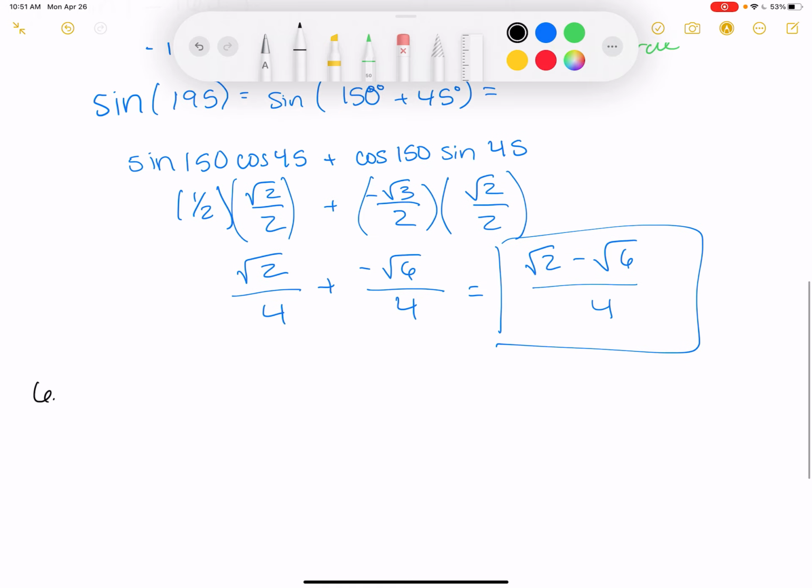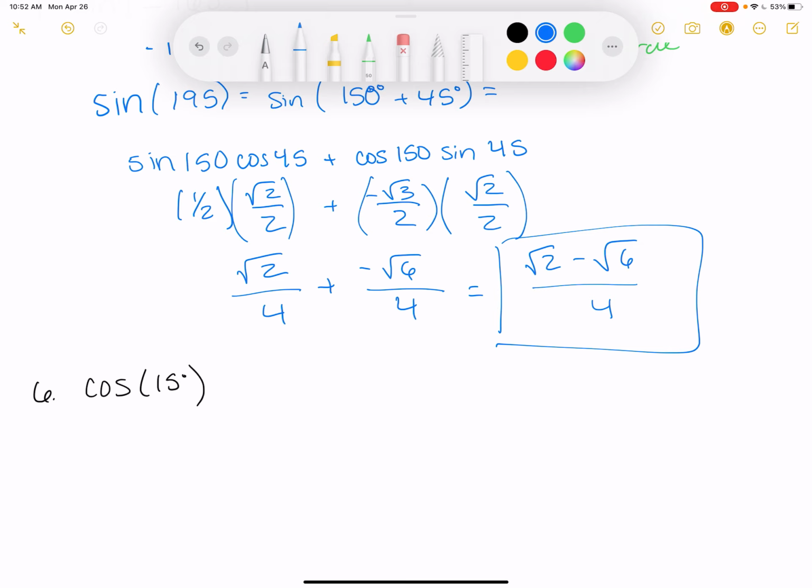Number 6. Cosine of 15 degrees. This one is positive, so I don't need to add 360 or anything. Now, is the cosine of 15 something that I know? No. So there are multiple options again that I could pick for what to use. In this case, I don't have anything that can add to give me 15.